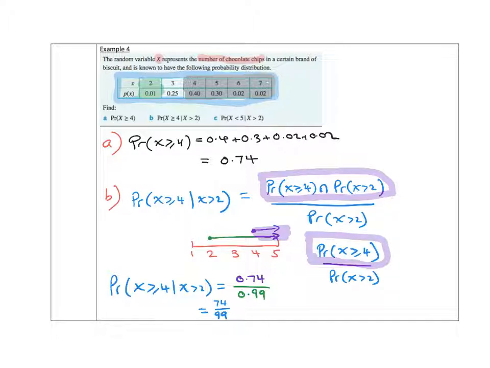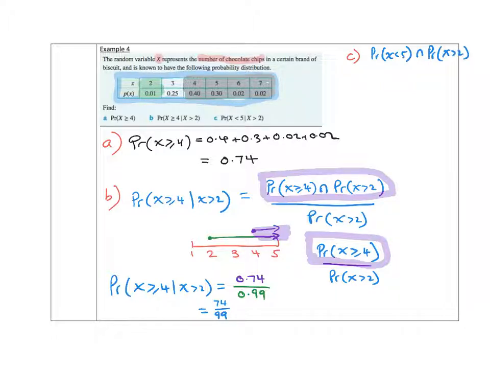Finally, the question for part C says find the probability that x is less than 5 or greater than 2. Now again, when we look at part C, we'd be thinking to ourselves, this is the probability that x is less than 5 and the probability that x is greater than 2.